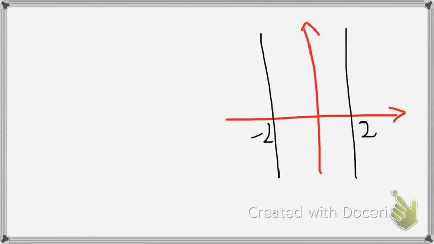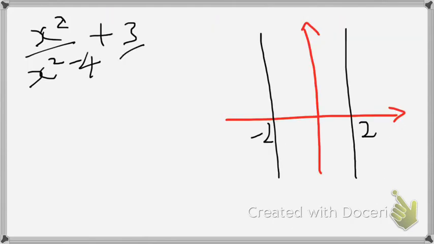I'd rather do that. So I get that x squared on x squared minus 4, plus 3 equals 0.